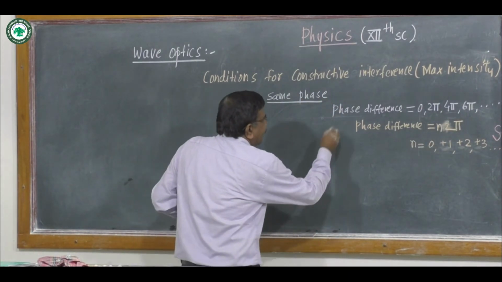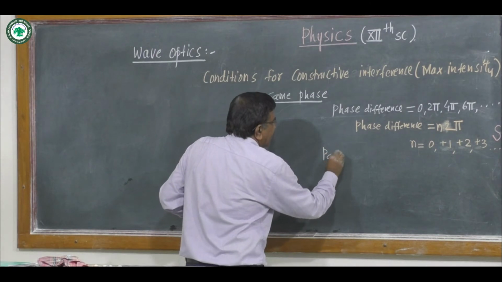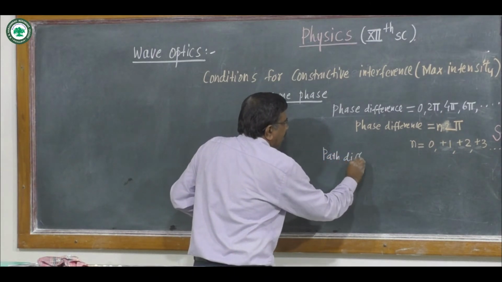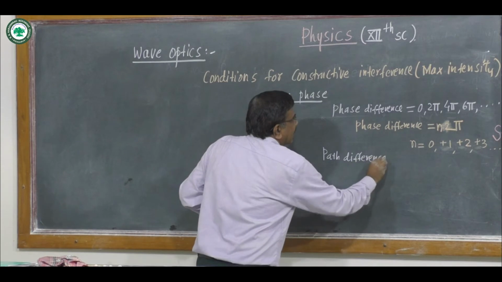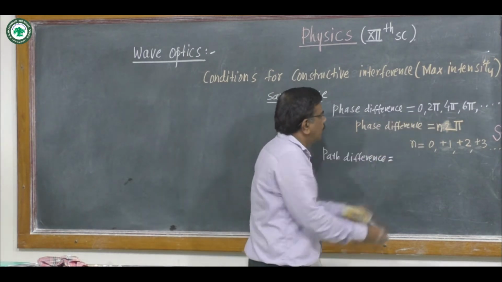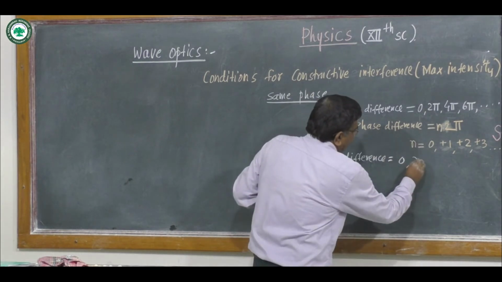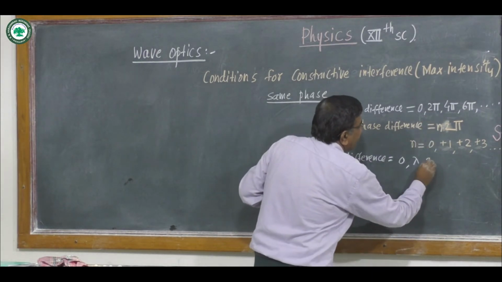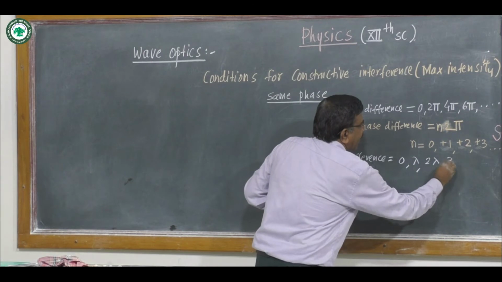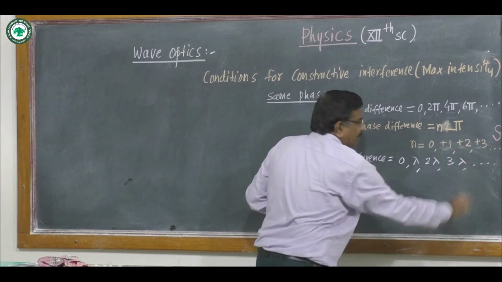For the path difference, we know for phase difference 0 path difference is 0, 2 pi is equivalent to lambda, 4 pi is equivalent to 2 lambda, 3 lambda, and so on.